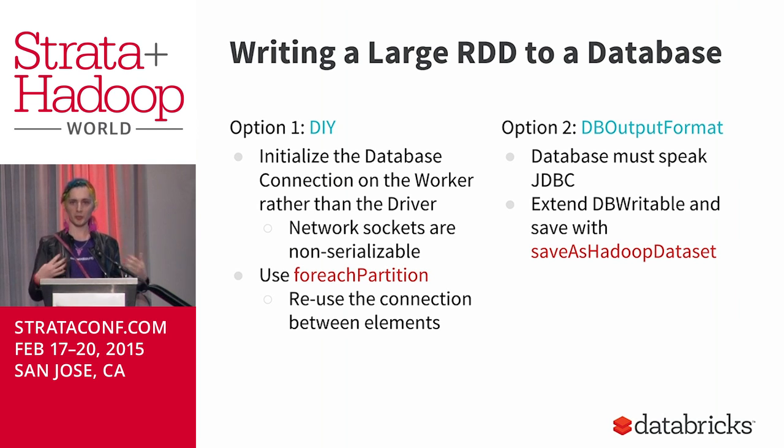We can use foreachPartition to reuse our database connections in the DIY approach, and I'll show a code sample with this. The other option is if our database happens to speak JDBC, we can use the Hadoop output format, DBOutputFormat. That's kind of cheating, but it's better when you can use other people's code. I'm really lazy. And if your database vendor has their own Hadoop output format or connector, go ahead and just use that one instead. There's no need to write custom code. That's just the path of sadness.